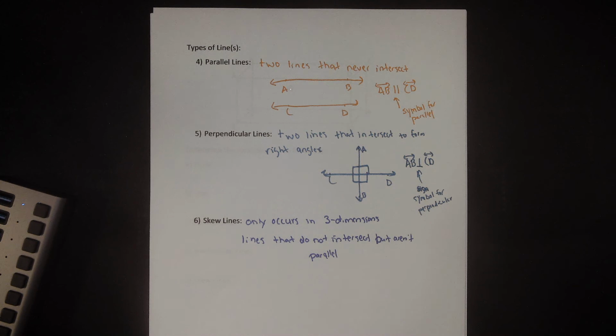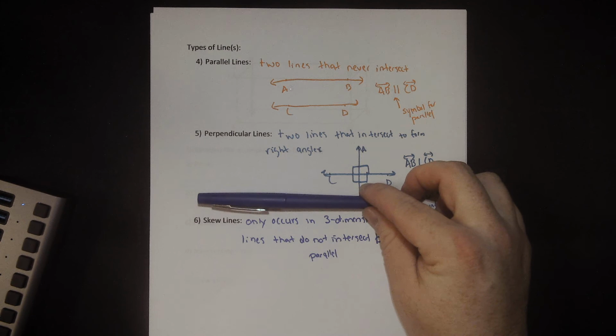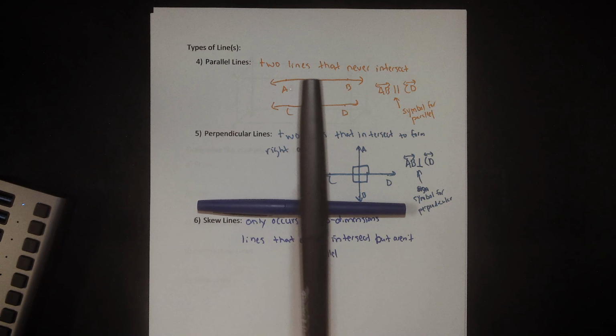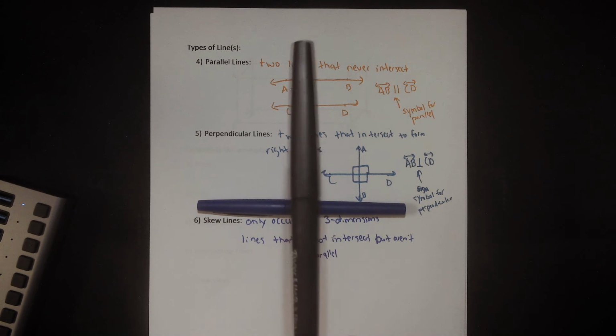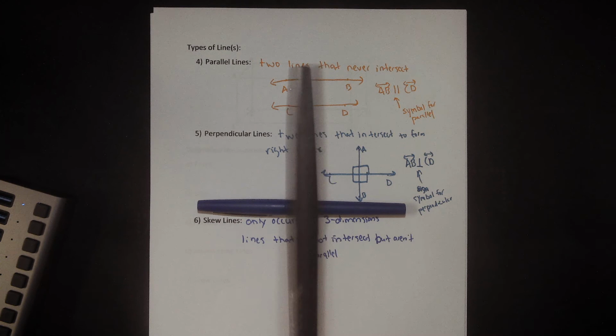Those would be skew. Or as another visual representation, imagine this marker is a line that goes left to right. Then this marker here is above the line the whole entire time and going up and down, or I guess forwards and backwards. That would be skew lines.